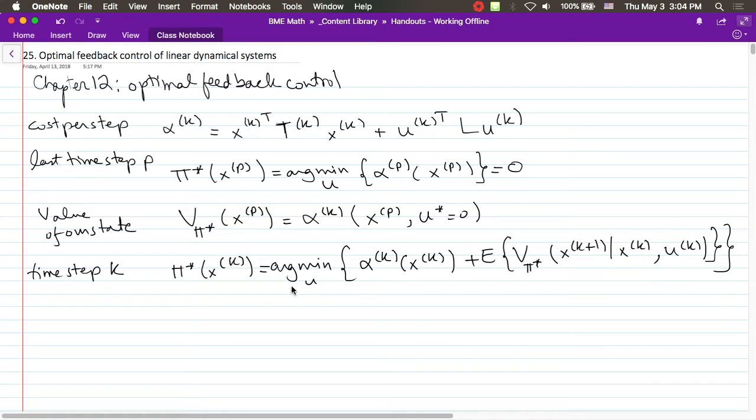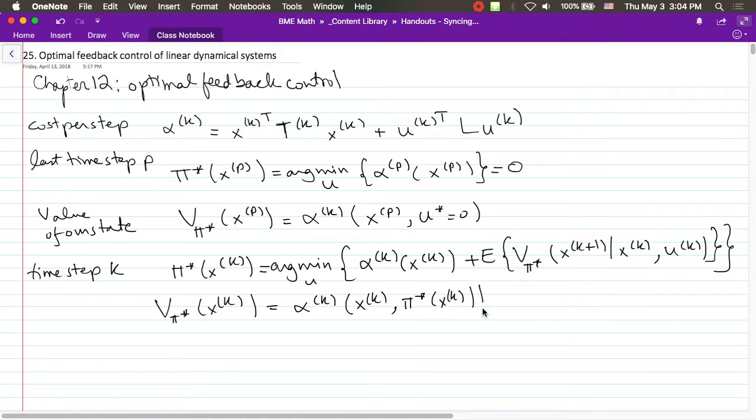Once we find the command that minimizes the sum, then the value of our state at x of k is just the cost per step, given that you're at x of k and you perform the action pi star at x of k, plus the value of where you go to.